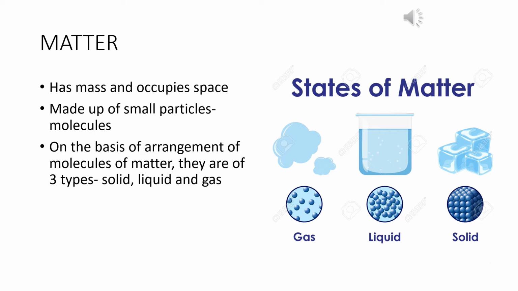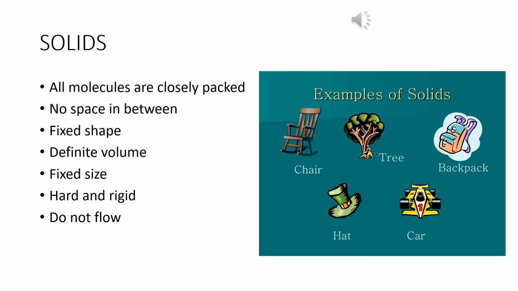First is solid, where the molecules are arranged very closely, neatly packed together. Then liquids, in which the molecules are a little bit apart from each other, and gases, in which the molecules are very far from each other. They are not at all closely packed.